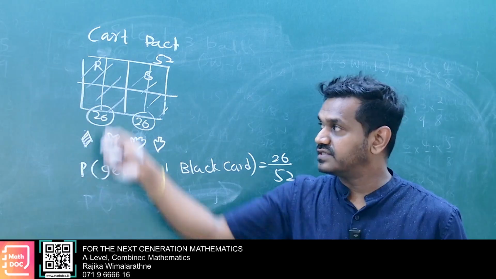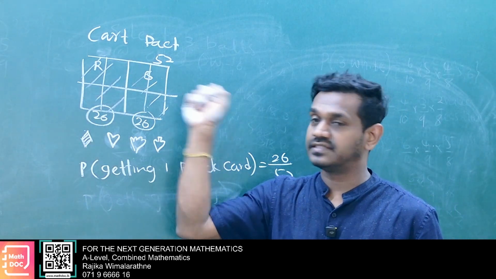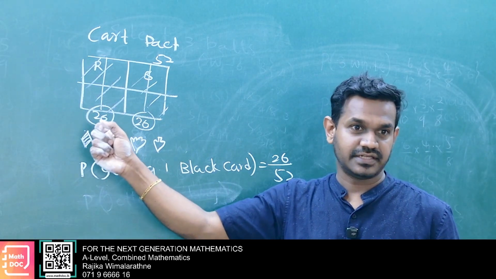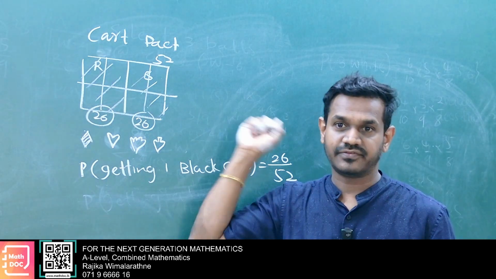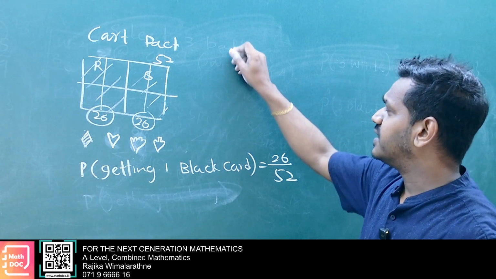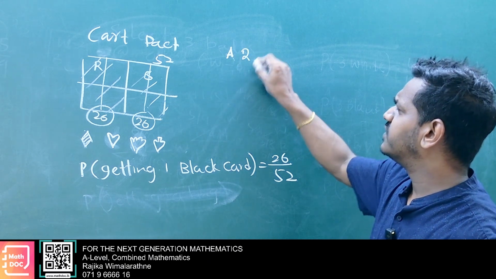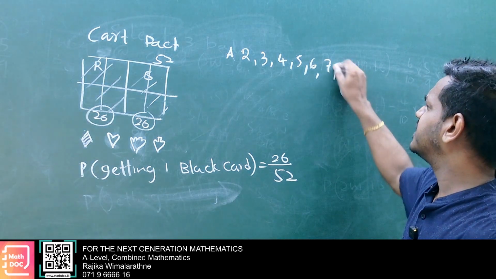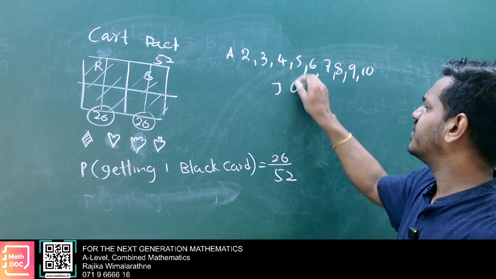Then here all 13 are different. 4 kings, so on, 4 aces, then 4 tens, and so on. Here A, 2, 3, 4, 5, 6, 7, 8, 9, 10, J, Q, K.